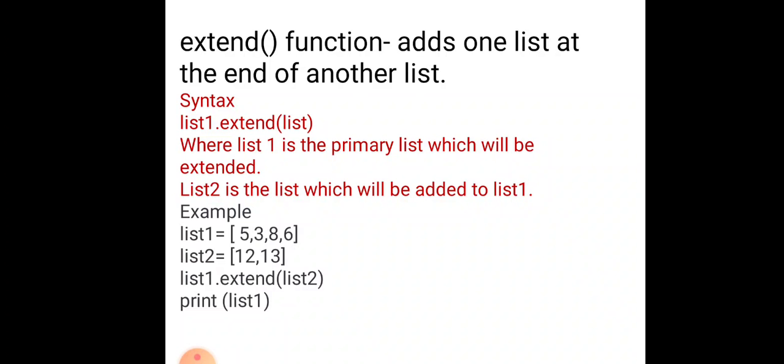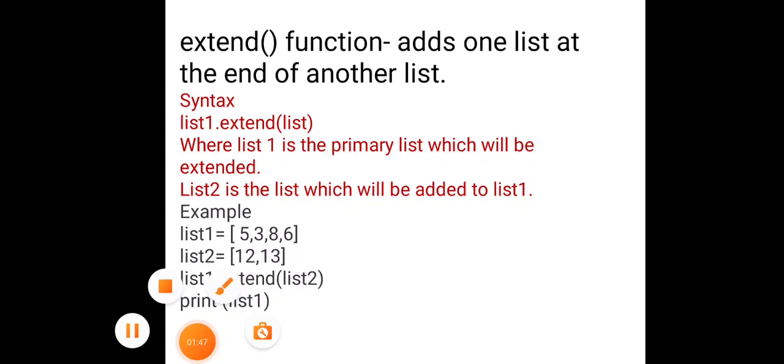We want to add list2 to list1. So we apply the extend function, list1.extend, pass list2 as an argument and then print list1. When we run this program, we get output in which list2 is added to list1.